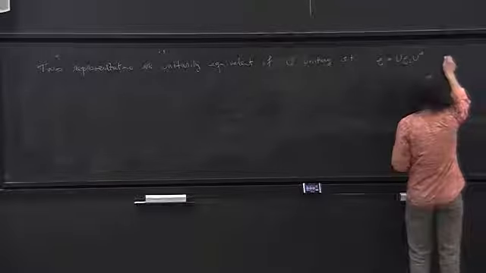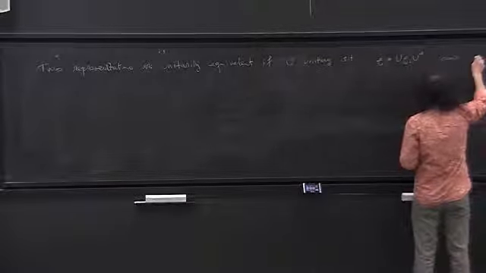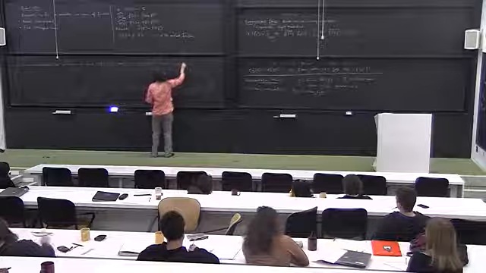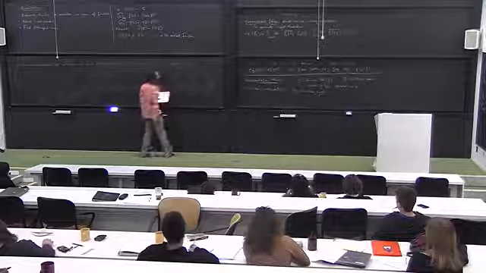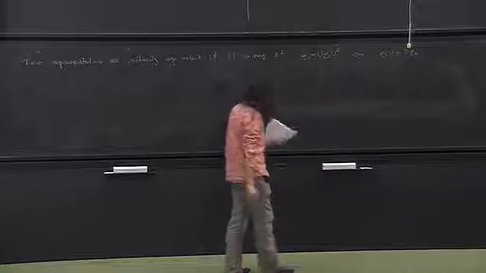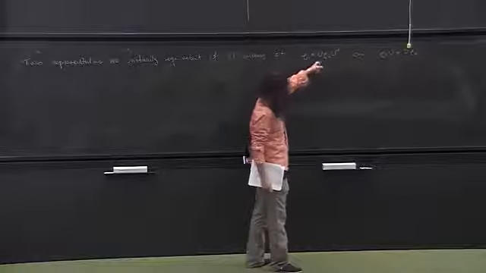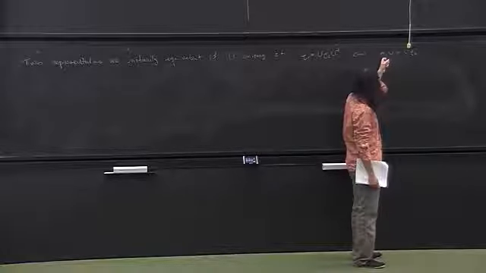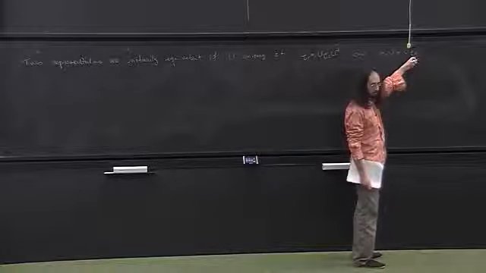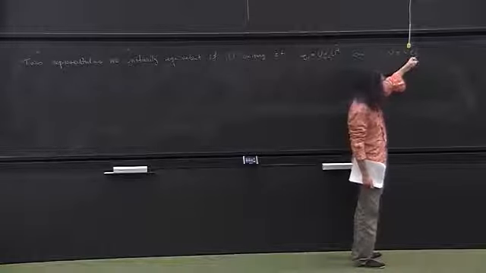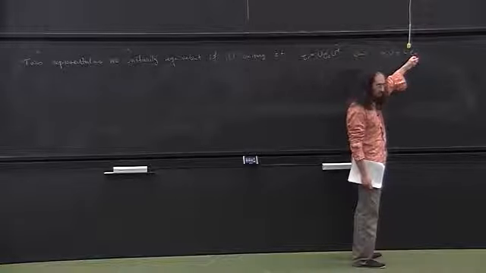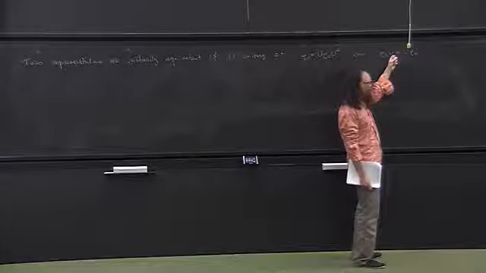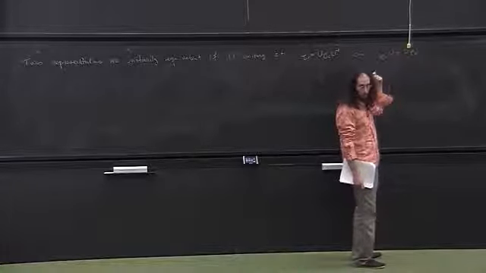Or equivalently, rho 1 U equals U rho 2. U is what we also call the intertwiner, because it intertwines the actions of rho 1 with rho 2. You can act first with your representation rho 2 and then with the unitary operator, or first with the unitary operator and then with rho 1.